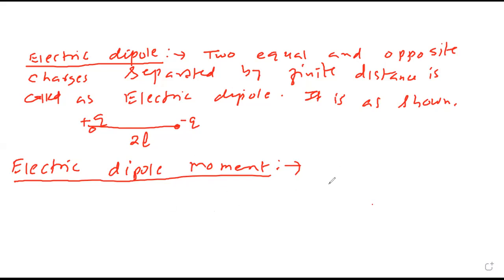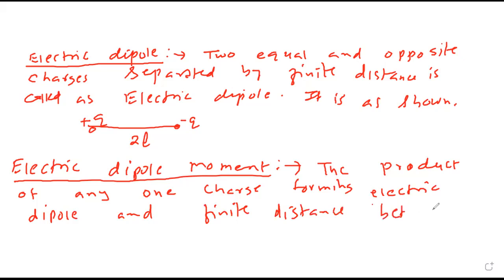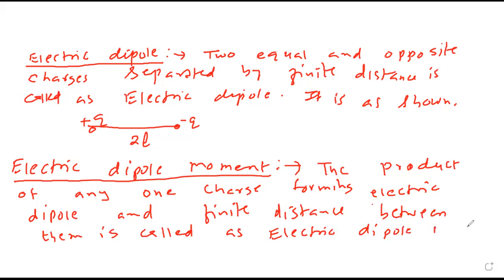Electric dipole moment. The product of any one charge forming the electric dipole and the finite distance between them is called the electric dipole moment.